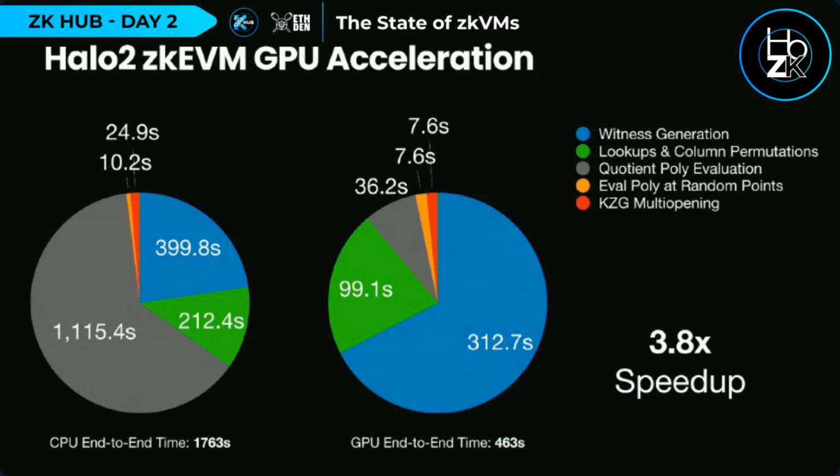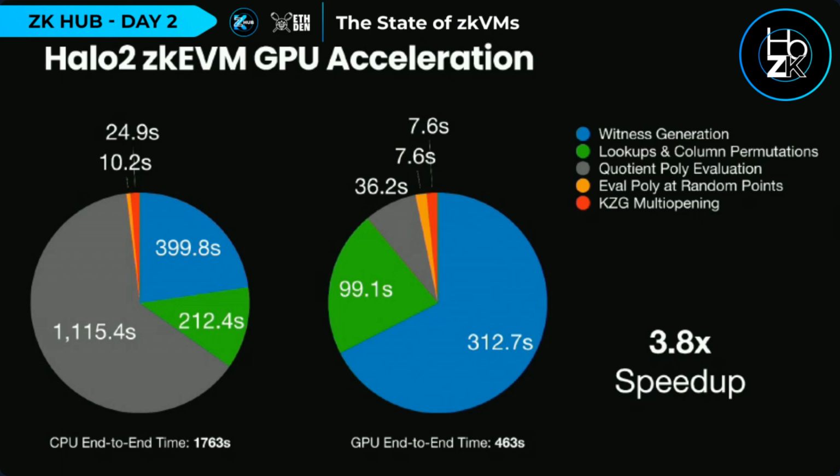The time of the gray area got reduced dramatically from more than 1,000 seconds to 36 seconds, mainly because we developed a specific algorithm to implement polynomial evaluation on the GPUs. That's not the MSM kernel or NTT kernels I talked about previously in stage 1. That's a new compute challenge we need to solve to achieve end-to-end acceleration.